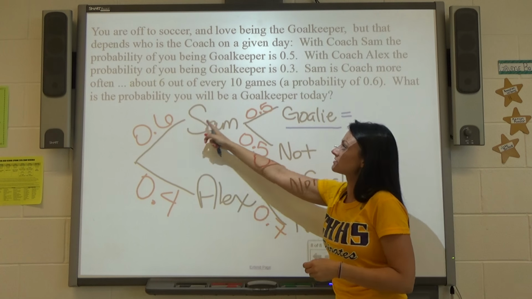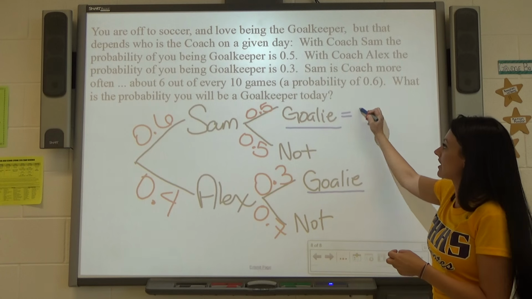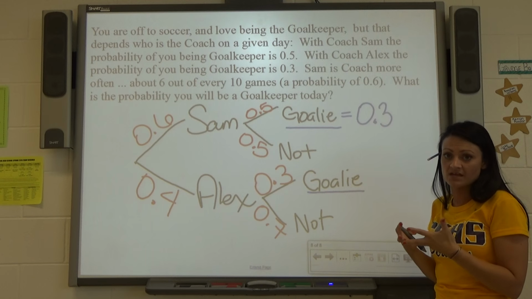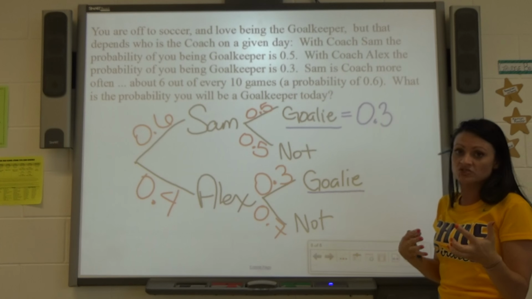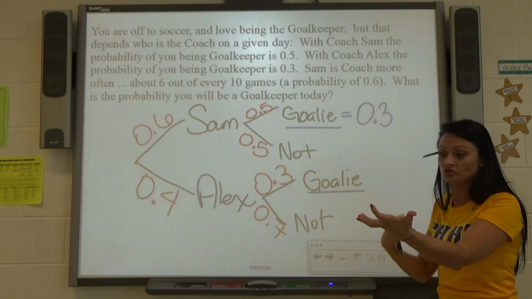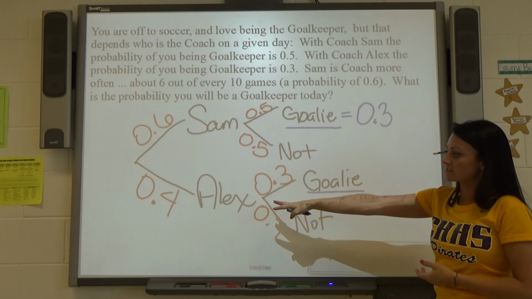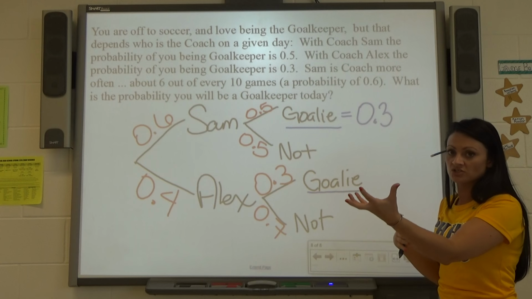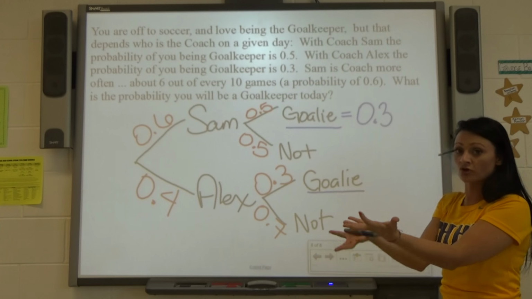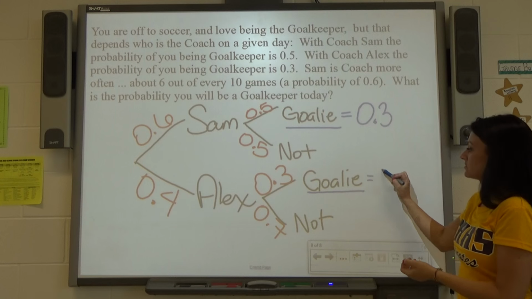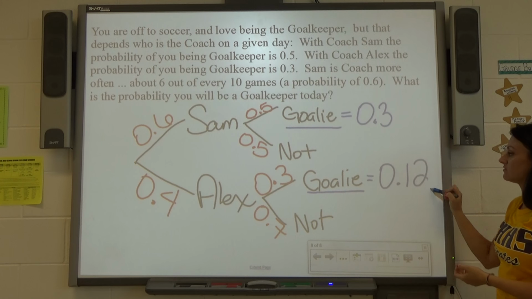So 0.6 multiplied by 0.5 gives me 0.3, or 30%. So there's a 30% chance that Coach Sam is going to be the coach and I'm going to be goalie. Same thing with Coach Alex. I've got 0.4, so 40% chance of Alex being the coach, 30% chance of me being the goalie with Coach Alex, which is going to give me 0.12.